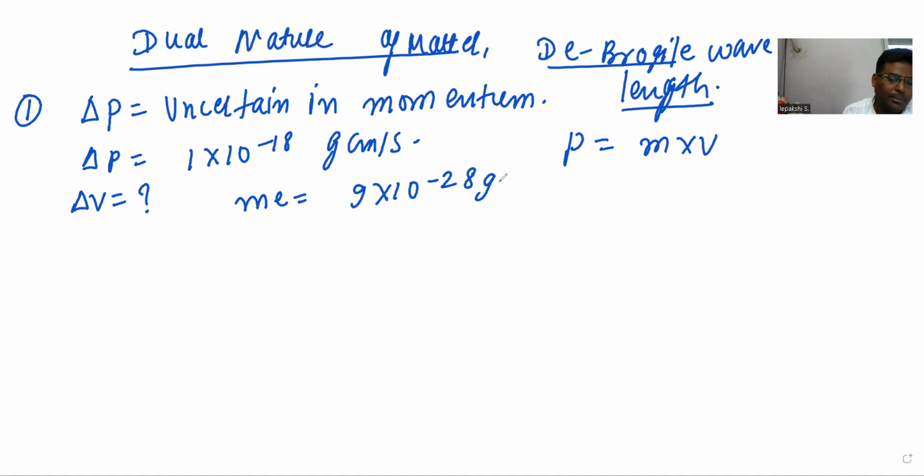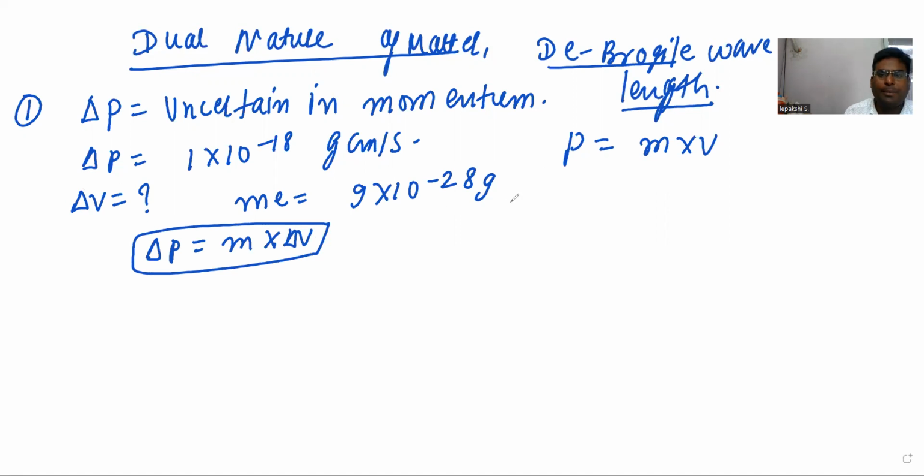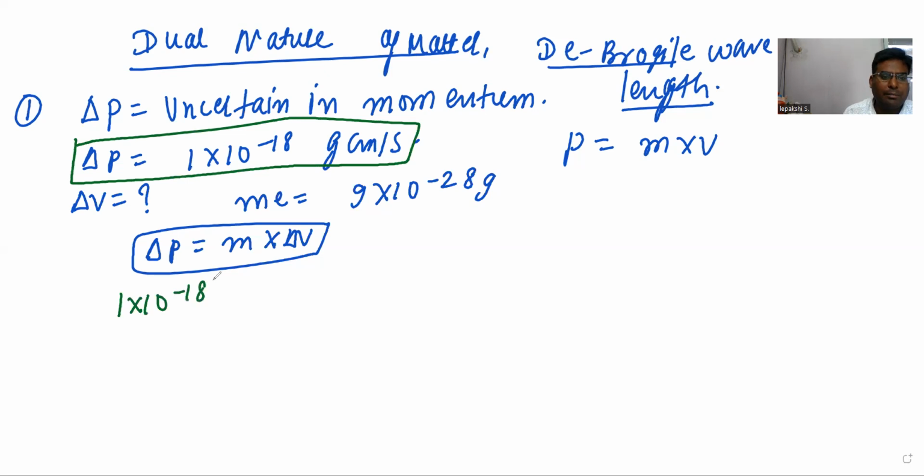So apply the formula: delta P is equal to m into delta V. Delta P is given, so put here 1 into 10 raised to minus 18, and mass of electron 9 into 10 raised to minus 28 g. You have to find delta V.